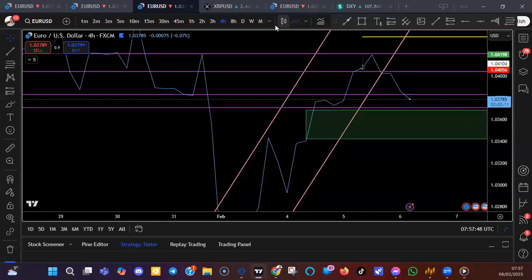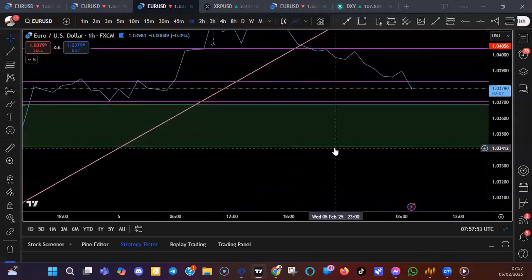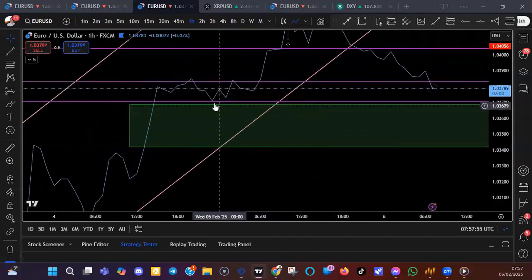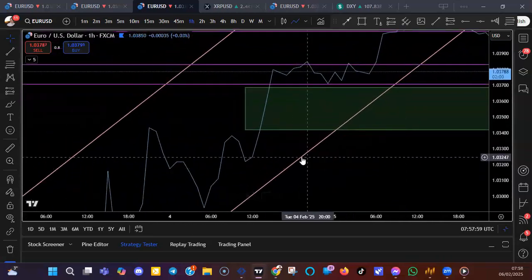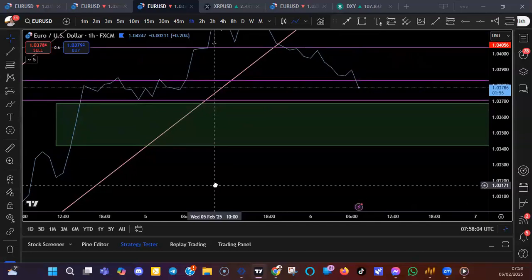So if we go down to the hourly, and this is the last one we drew yesterday actually, and no point drawing anymore because that's far away.